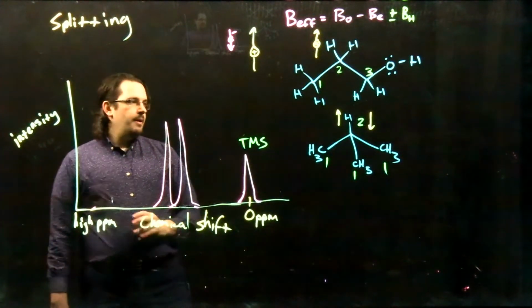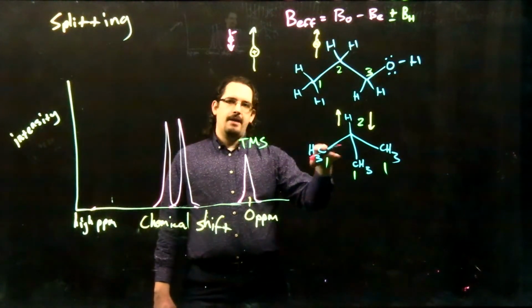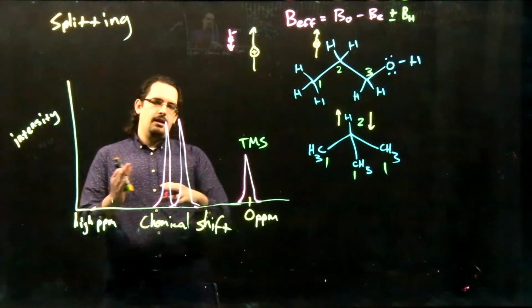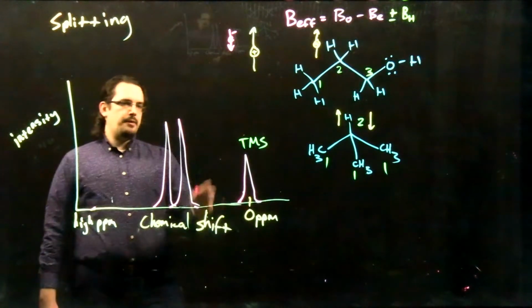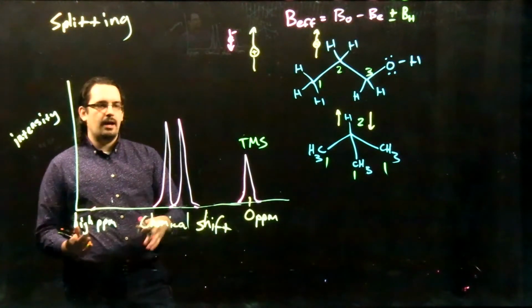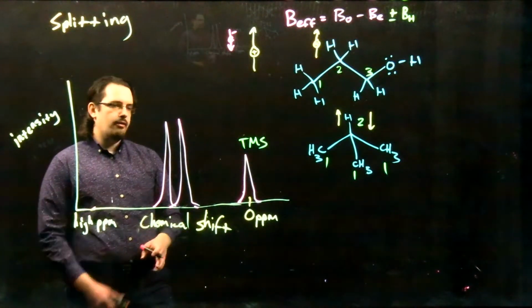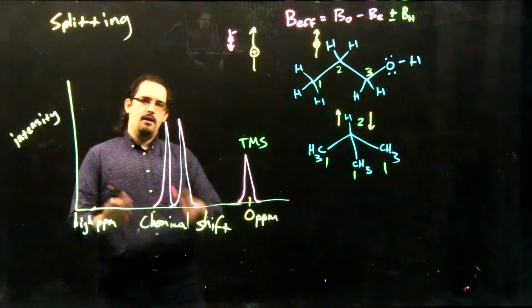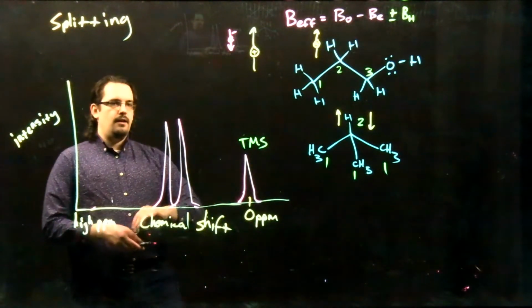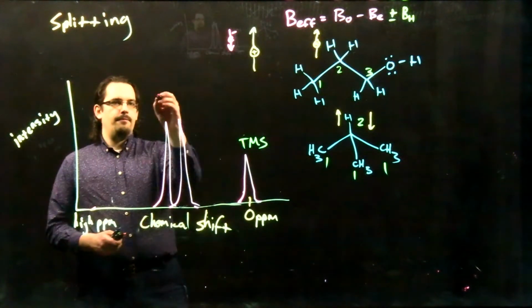Now, if we assume that half the time it's up and half the time it's down, that means we're going to be shifted in both directions, and we're going to end up with 2 peaks. One that's shifted by it going up and one that's shifted by it going down are 2 different possibilities. Those are each equally probable, so we get 2 peaks that are each equal.